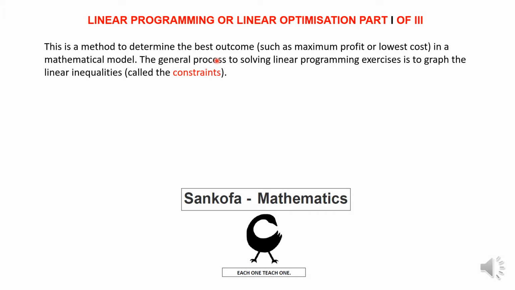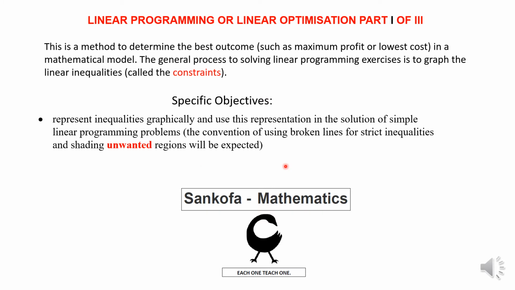But first, I'm going to look at just graphing linear inequalities, starting with simple ones. Your syllabus also has that information, and what we do here is we also shade the unwanted areas or regions. So we're going to start off by taking them in bits and pieces.